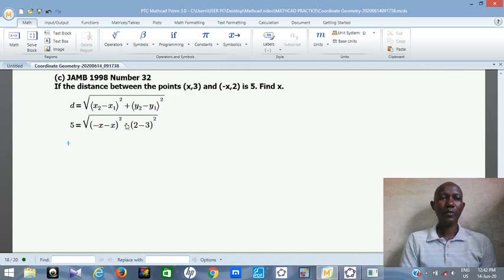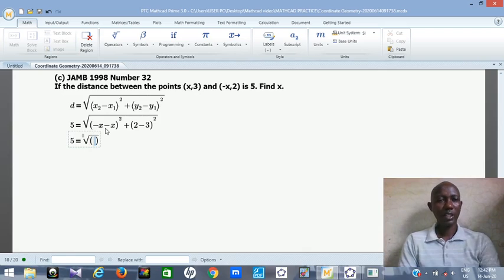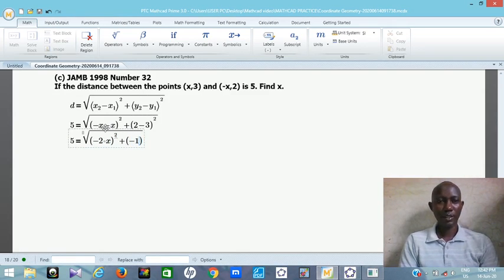Then you now solve your equation. That's what they mean by find the value of x. You solve the equation and the work is over. So 5 is equal to the square root of (minus x minus x), so this is going to give us minus 2x, squared, plus minus 1 squared.